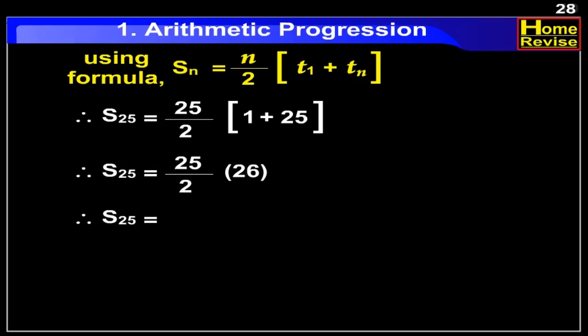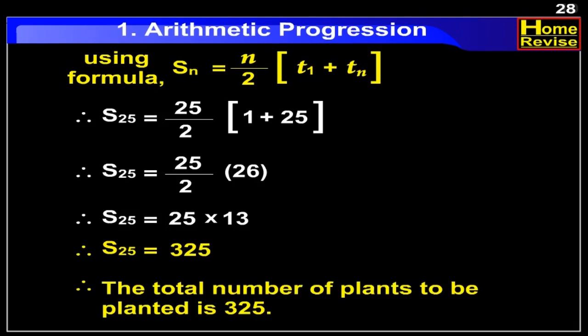Therefore, S25 is equal to 25 into 13, which is equal to 325. Therefore, the total number of plants to be planted is 325.